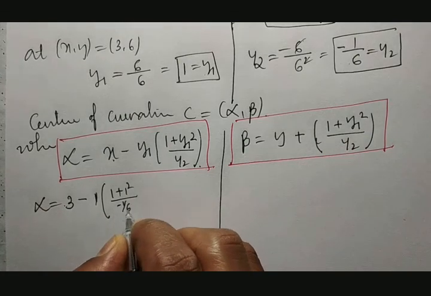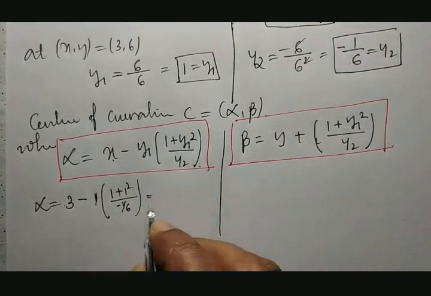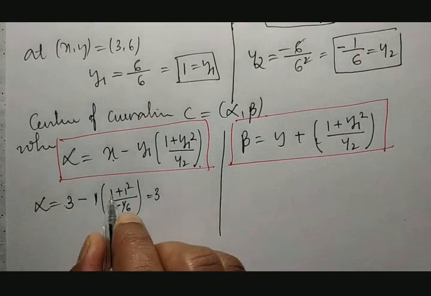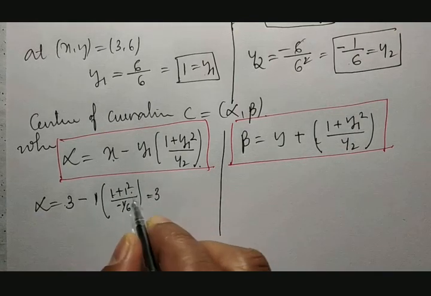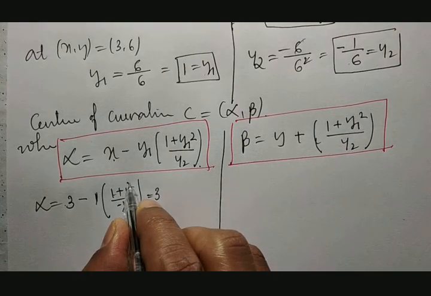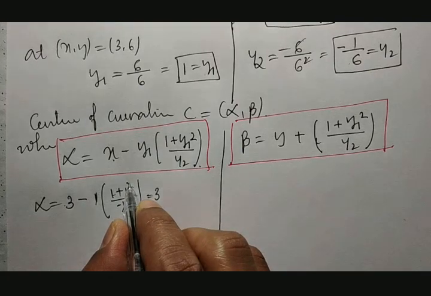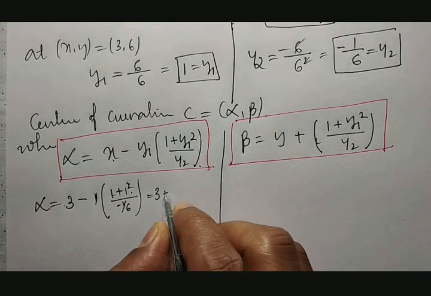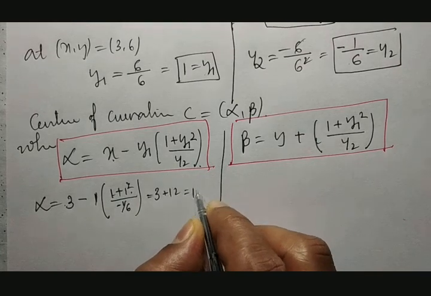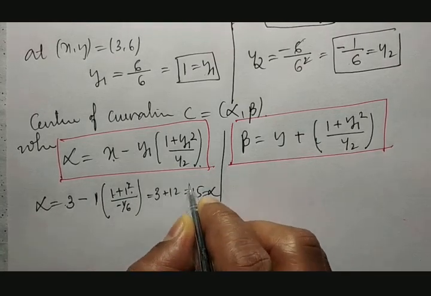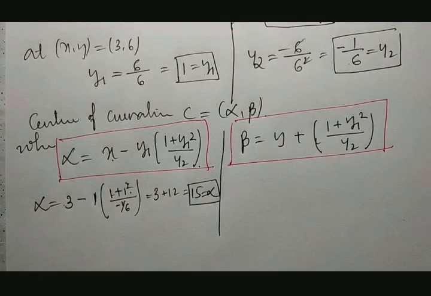Minus 1 by 6. So that is equal to 3, 1 plus 1 square is 2, and if it goes to the numerator, it becomes 12. So plus 12, that is equal to 15. Therefore, the value of alpha is 15.